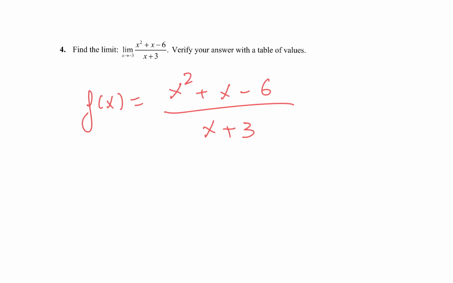So the function doesn't exist at x equal minus 3. What we are asking with the limit is, when you are approaching the point x equal minus 3, to what fixed value will the function approach?